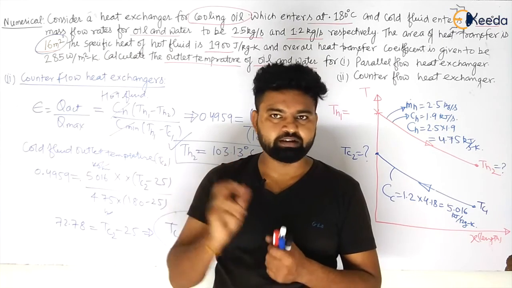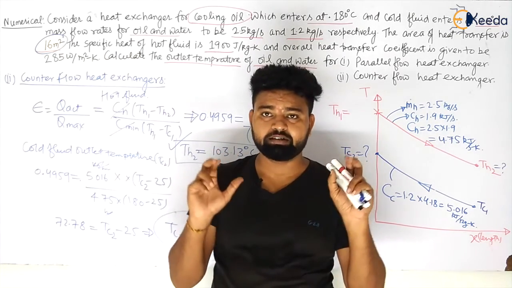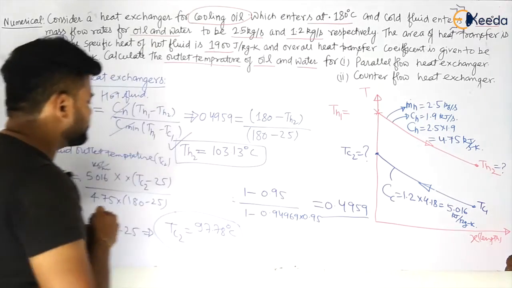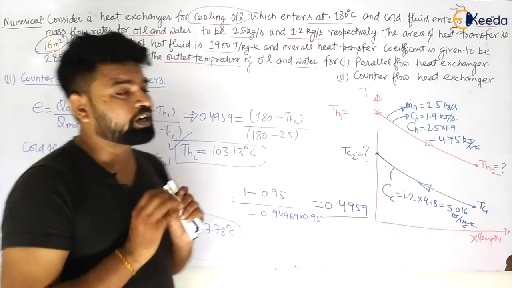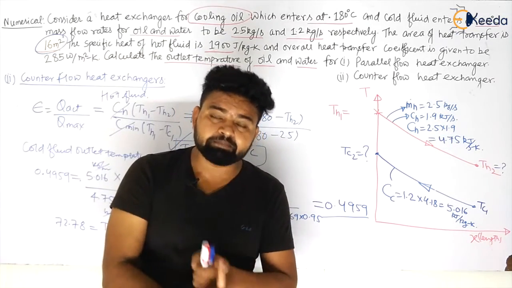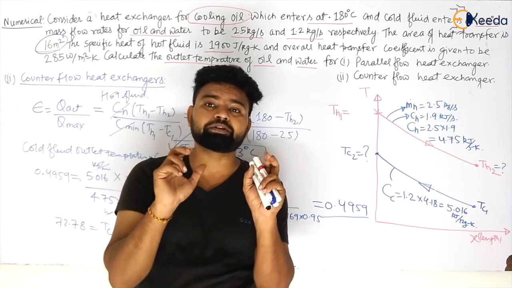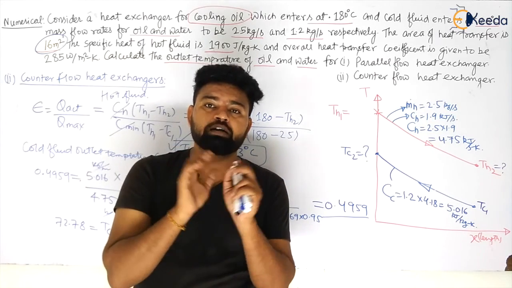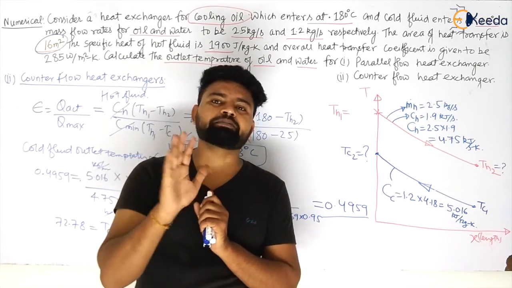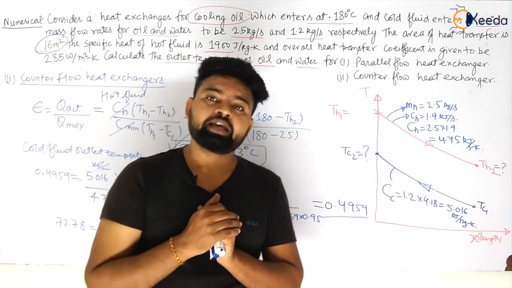We have seen this in our previous videos when we did the derivation for LMTD. Now we have considered the same case, and from this you can conclude that there is maximum temperature drop in the counter flow heat exchanger and minimum temperature drop in the parallel flow heat exchanger.